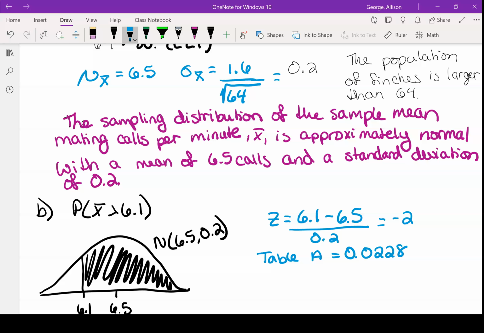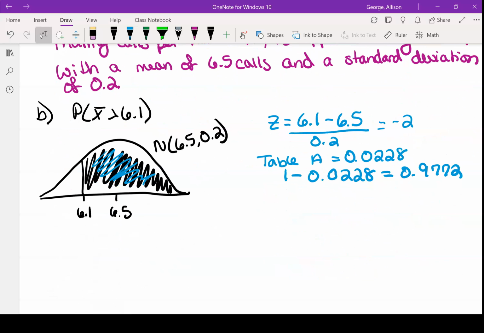Now, we shaded to the right. What we just found in table A is to the left, so we have to subtract from 1. And when we do that, we're going to get 0.9772. All right, so that's our probability.